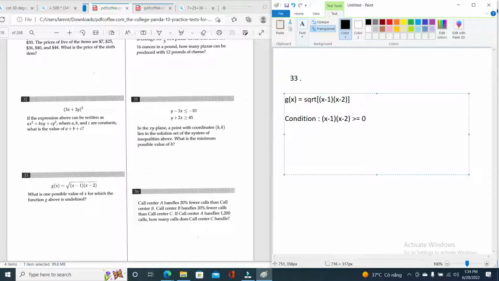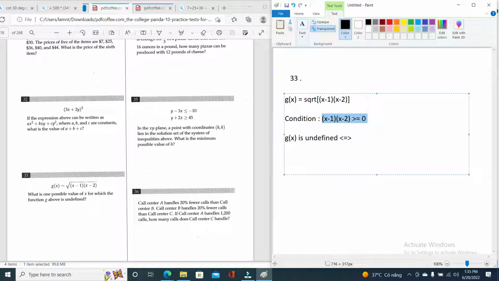Okay, so now we can create a table of signs. They asked about one possible value for g of x to be undefined. So g of x is undefined if and only if this condition is violated, right?